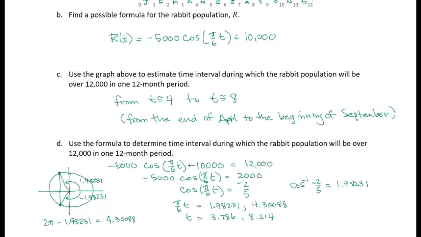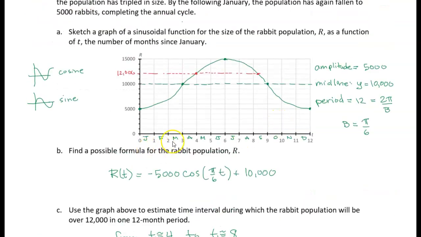Now these time values correspond to months on the graph, right? So let's interpret that. It's about 3/4 of the way through April, and about 1/5 of the way into September. But the way we've defined time, I guess we could just leave it as those values, if you understand how we numbered the months.